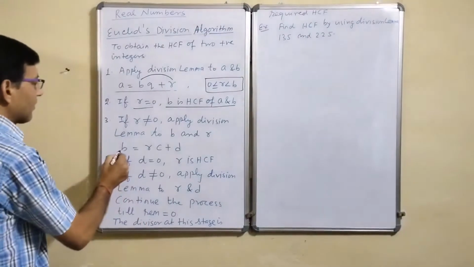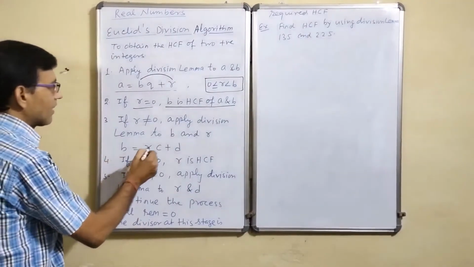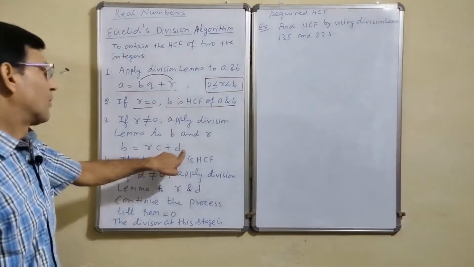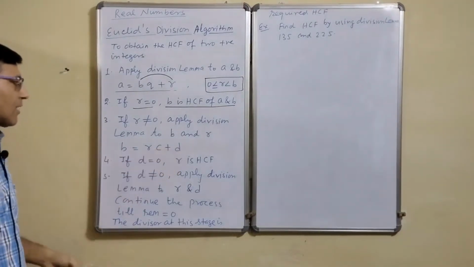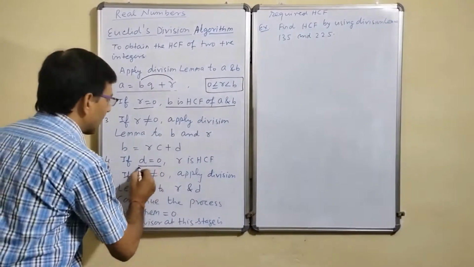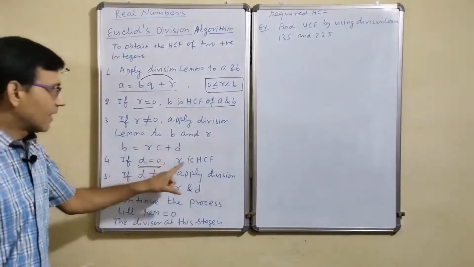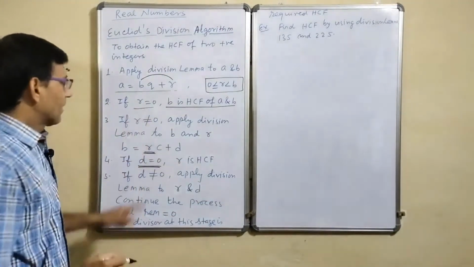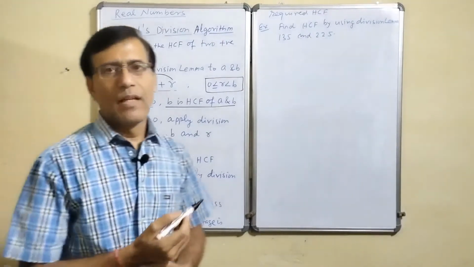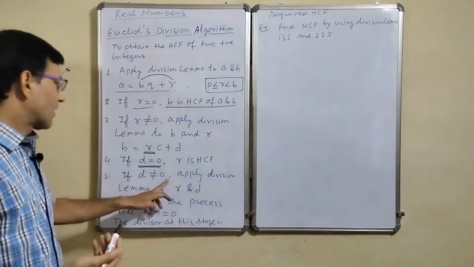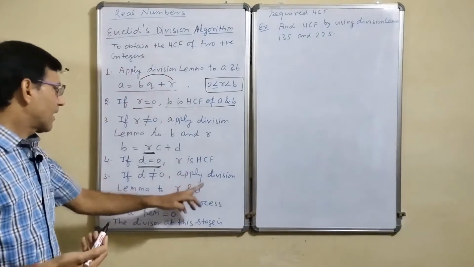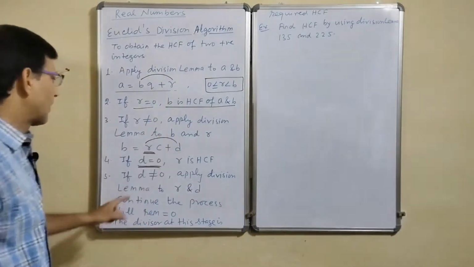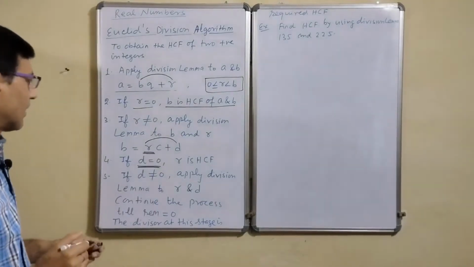So now whenever we divide b by r, let c be the quotient and d the remainder. Again we have to check whether d is equal to 0, that means the remainder is 0, then r is the required HCF, the divisor at this stage. And if d is not 0, we will apply the division lemma once again between r and d.